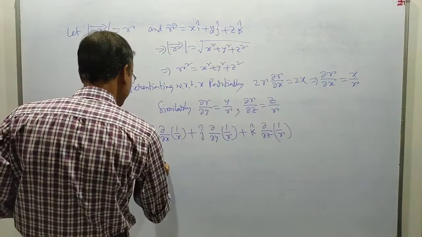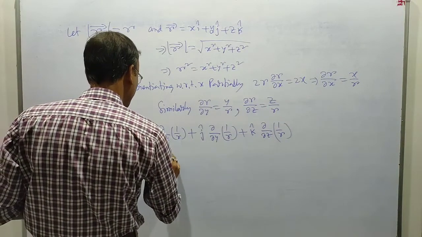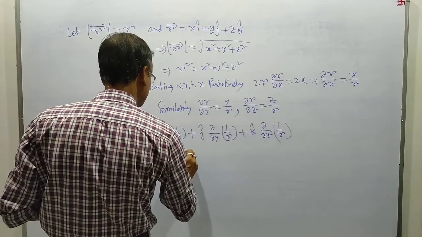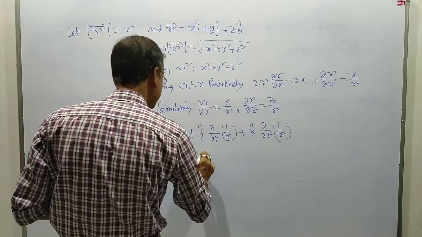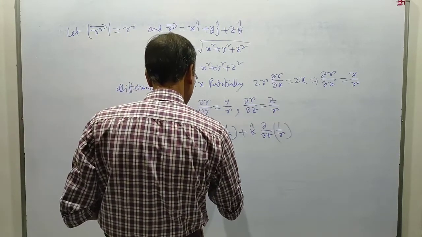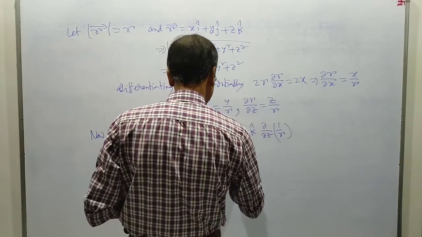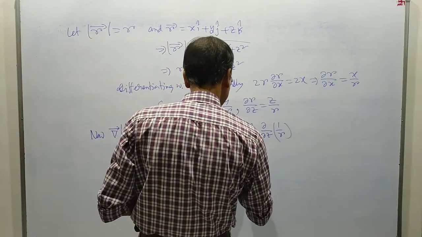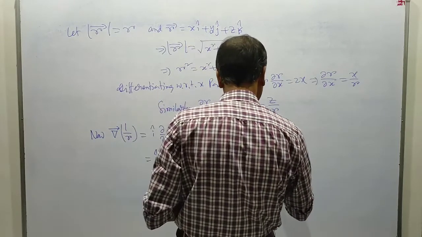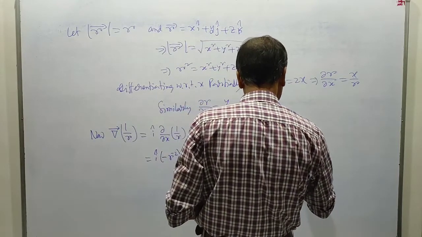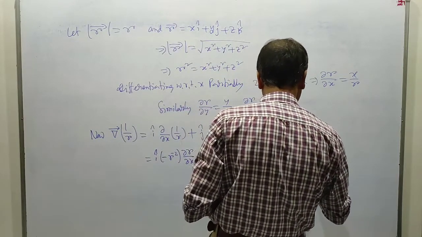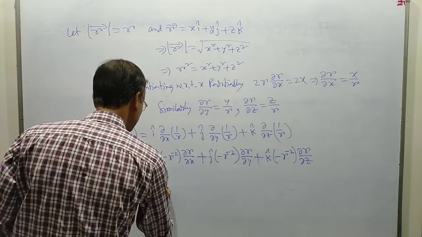Or you may write it as i cap minus r to the power minus 2 delta r by delta x plus j cap minus r to the power minus 2 delta r by delta y plus k cap minus r to the power minus 2 delta r by delta z. You may write in this way also.